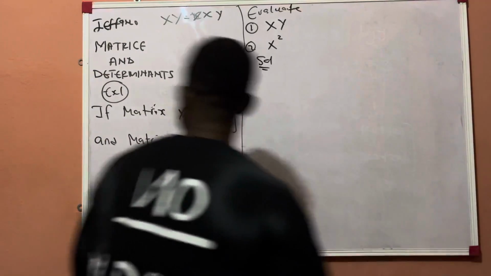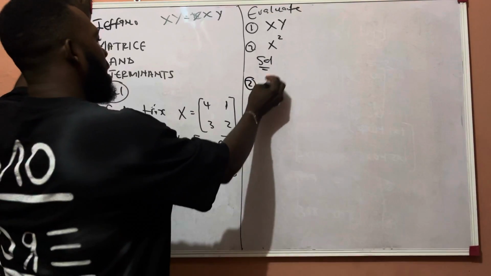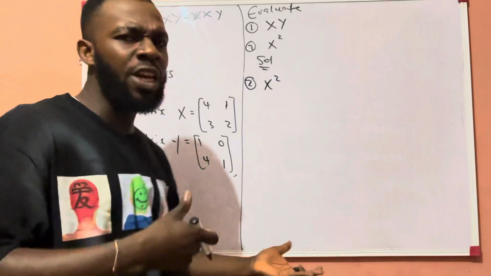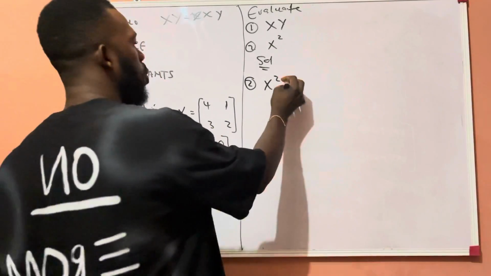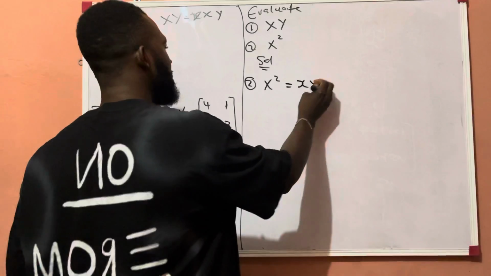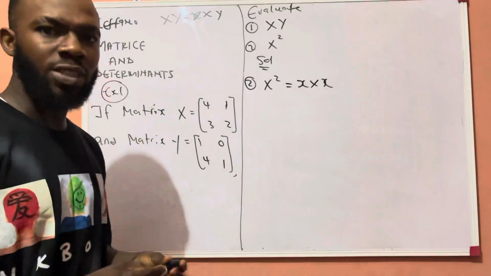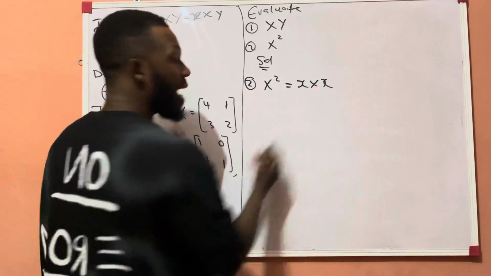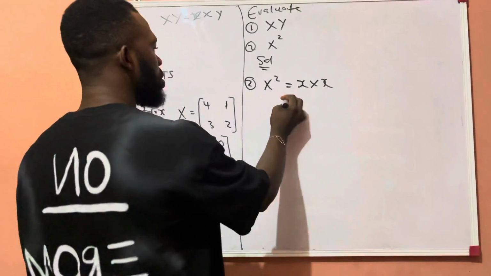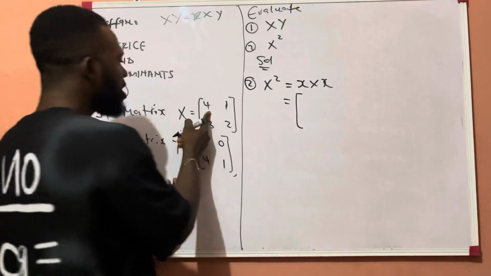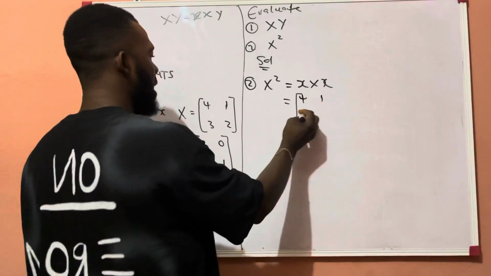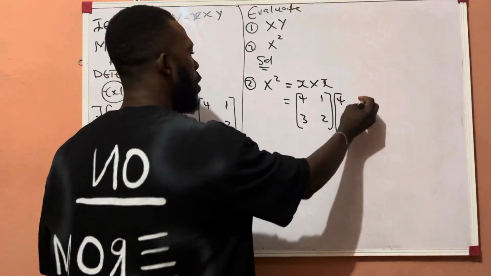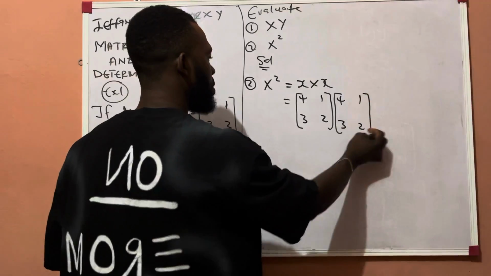Now, question number 2 says we should evaluate X squared. Naturally, we all know under the laws of indices that X squared simply means X times X. So what does that mean? It means we are multiplying the matrix of X two times. So it simply becomes the matrix of X, 4, 1, 3, 2, times the matrix of X again, 4, 1, 3, 2.